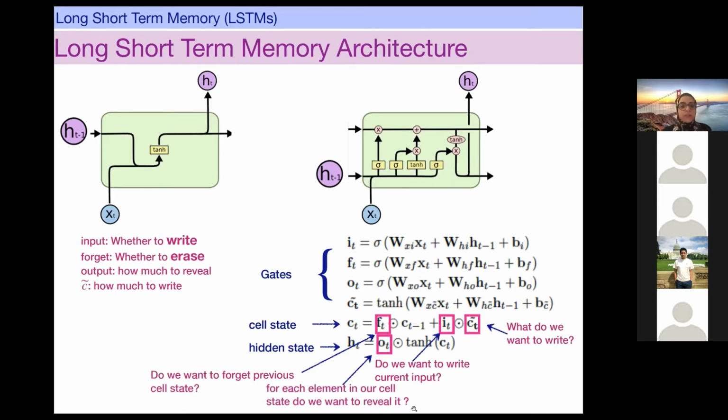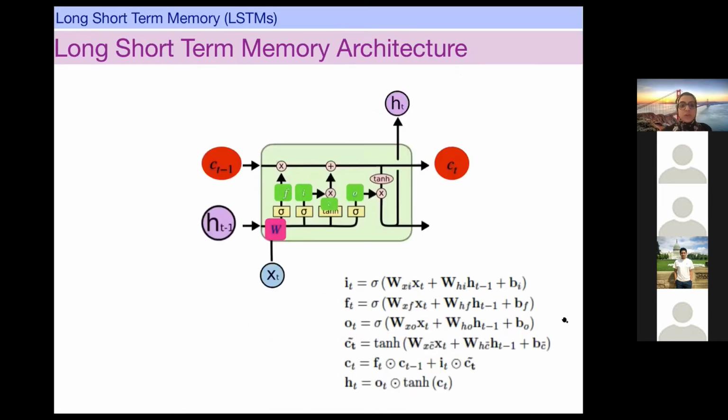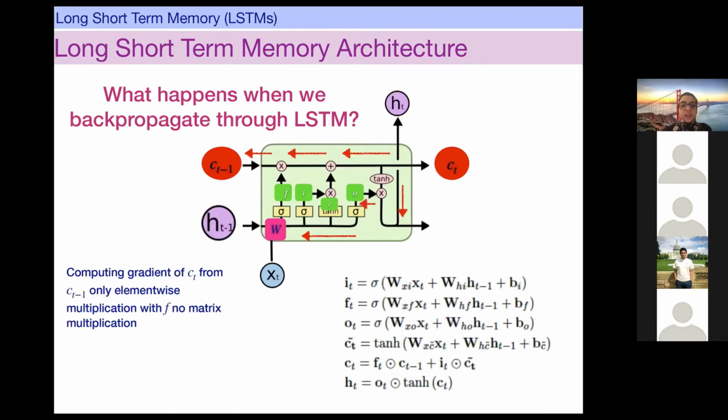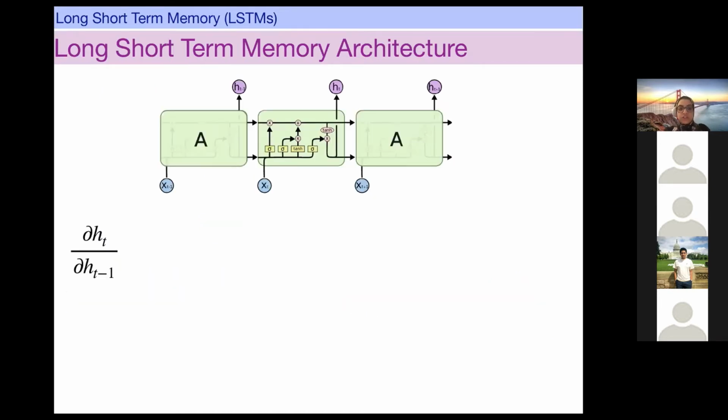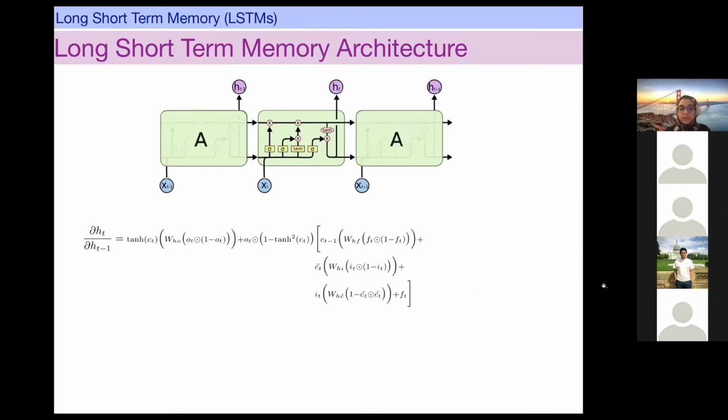No. Let's take a look at how we're going to calculate the gradient. Like we said, now we have 2 paths: this top path, and then this bottom path. If we write the derivative, we get this huge equation.